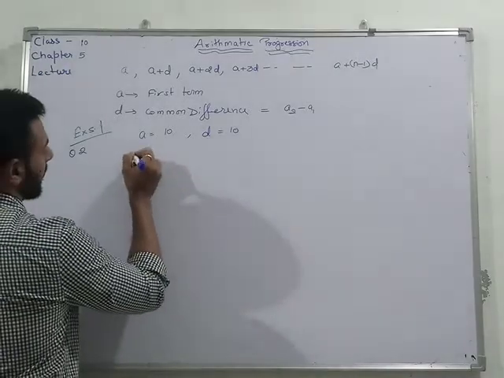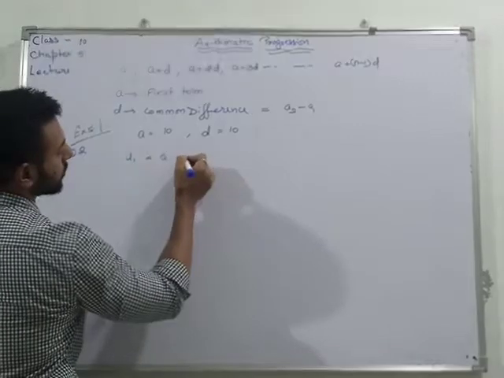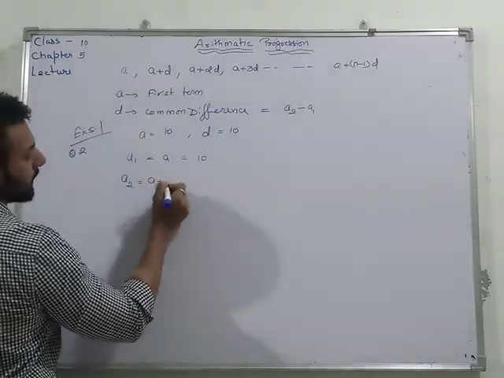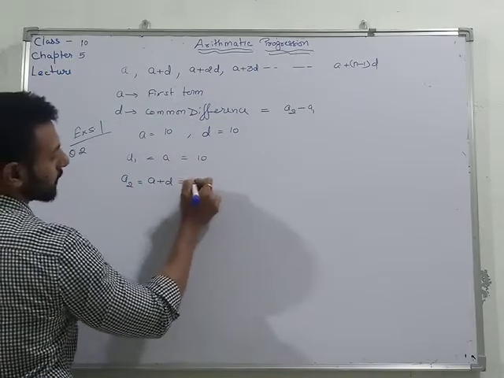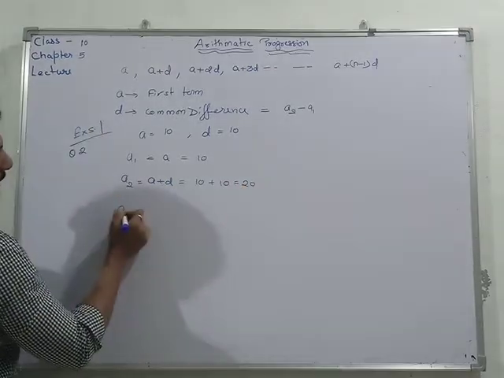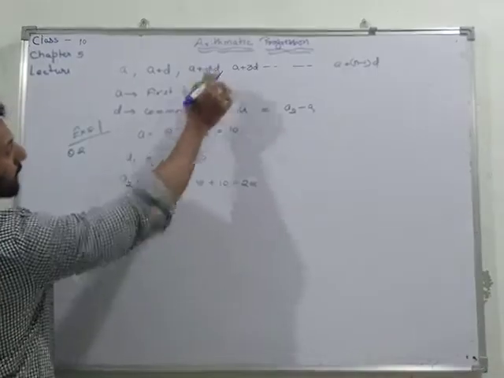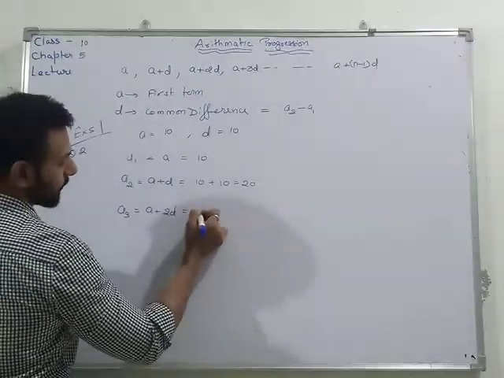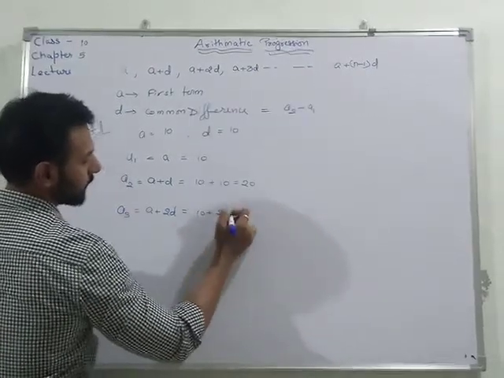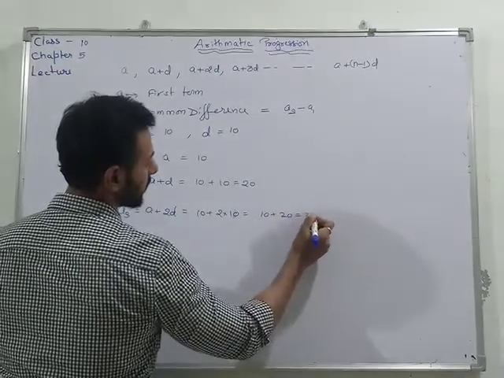So A1, first term, will be a, so a is 10. Second term A2 is a plus d, so this will be 10 plus 10, 20. Third term A3 is a plus 2d, 10 plus 2 into 10, so this will be 10 plus 20, 30.